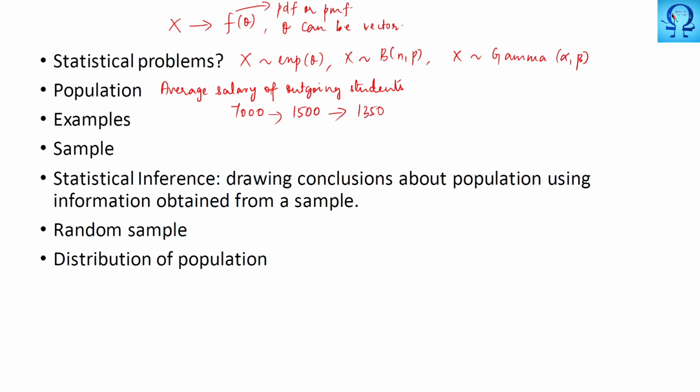Now, if we are looking for the average salary of outgoing students, this 1,500 is the outgoing students, so your population size is 1,500. The chances for all the students to get placed were equal, isn't it? Only out of the placed students we are going to find the salary of all the 1,350 students, and we will take an average of it, and that is going to be the average salary of an outgoing student.